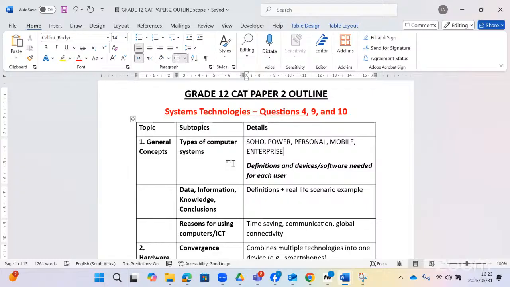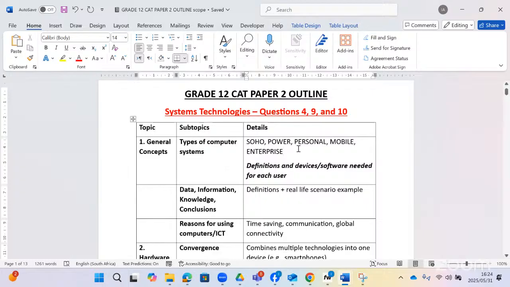You need to know what each definition is, and then the devices and software needed for each user. For instance, the SOHO, that's a small office, home office. Someone who needs devices at a small office or at home. The software needed will be Microsoft Office because the person is using it for his or her home. And then the computers needed are just entry-level computers, basic level. In other words, you don't need a high specification.